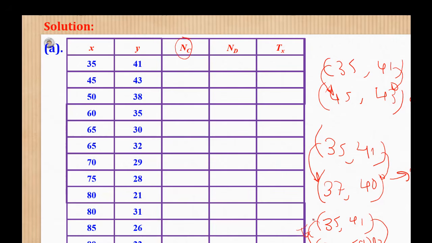So what you do, you don't put it under the column of agreement, and also don't put it under the column of disagreement. We put it under the column of ties. Tie in X, so you shall put it in a column of X. If it was like this, 35, 41, then 37, 41, here it is increasing, okay?